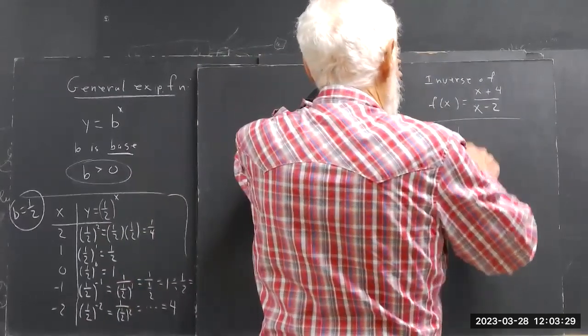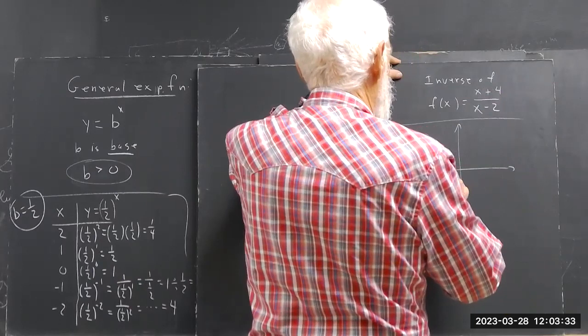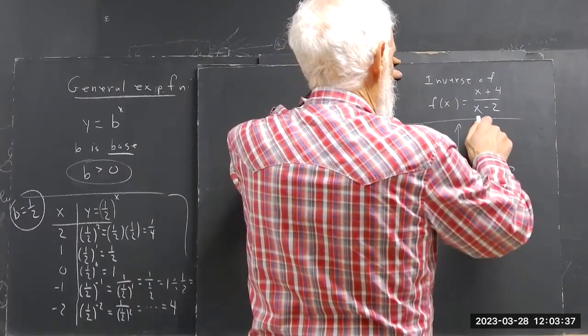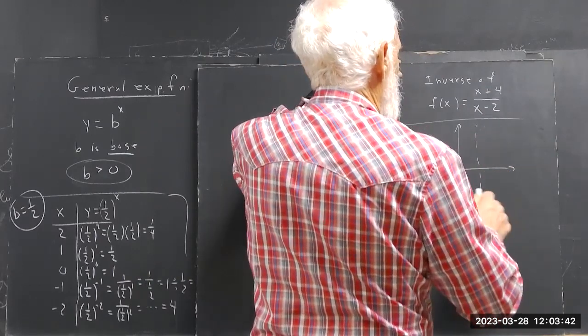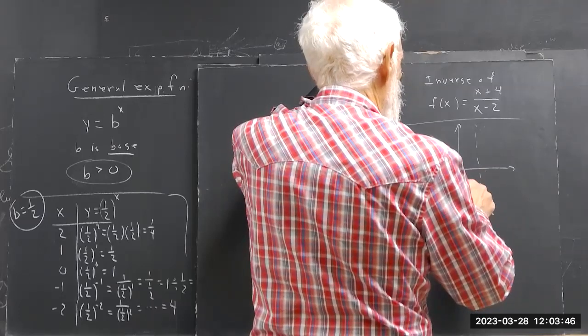And if we do, we see it has a 0 at x equals -4. A vertical asymptote at x equals 2. And the y-intercept is actually at 0 and negative.